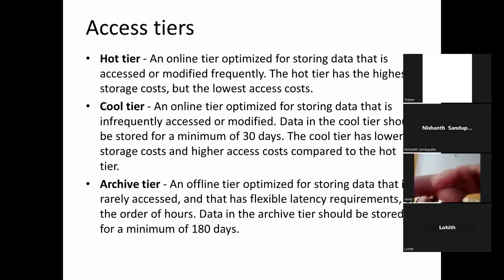So hot tier is the data which is always online, and the purpose of the hot tier is accessing the more frequent or modified data. As my data is coming in, I'll put it into the hot tier.